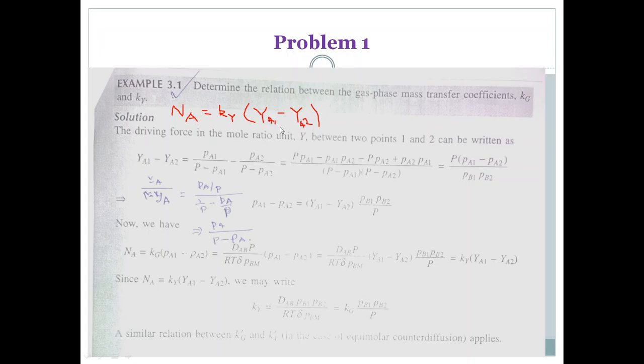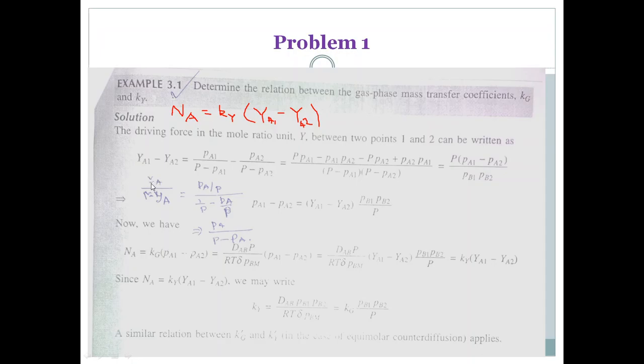Now the driving force is Y1 minus Y2. Capital YA, I can write in terms of small ya, the mole fraction, as ya by (1 minus ya). This relation we discussed last day.